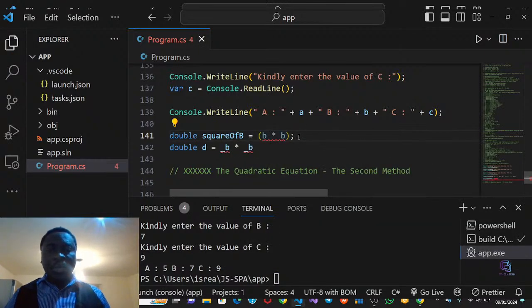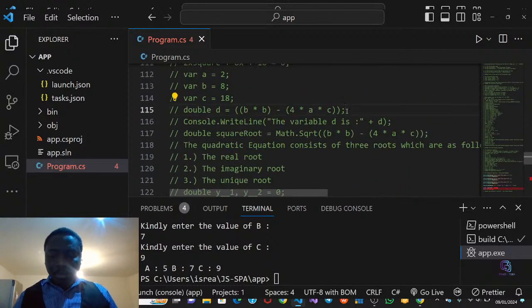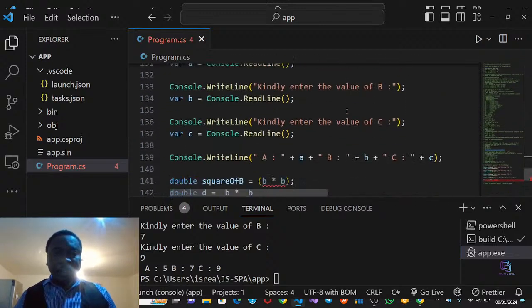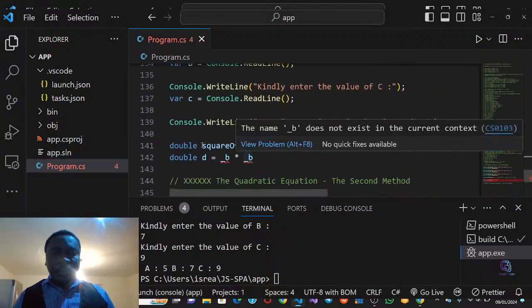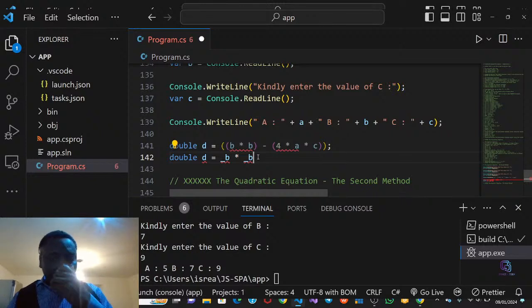So we'll just copy this, and this double d. Let's see. Okay, double d is now b times b minus 4ac over 2a.